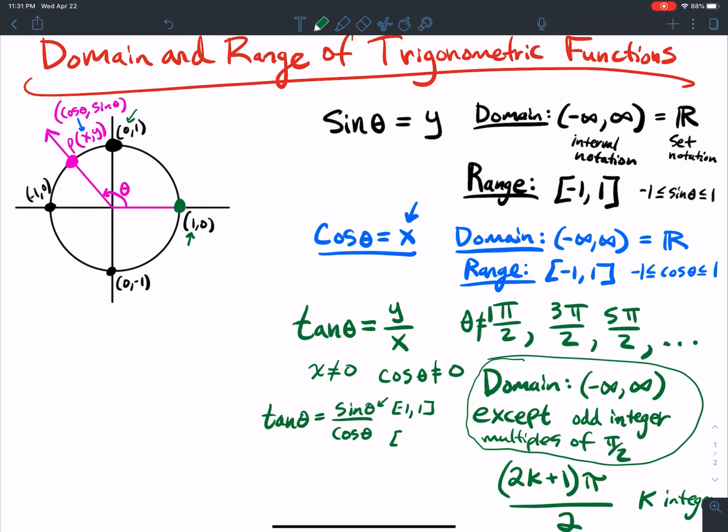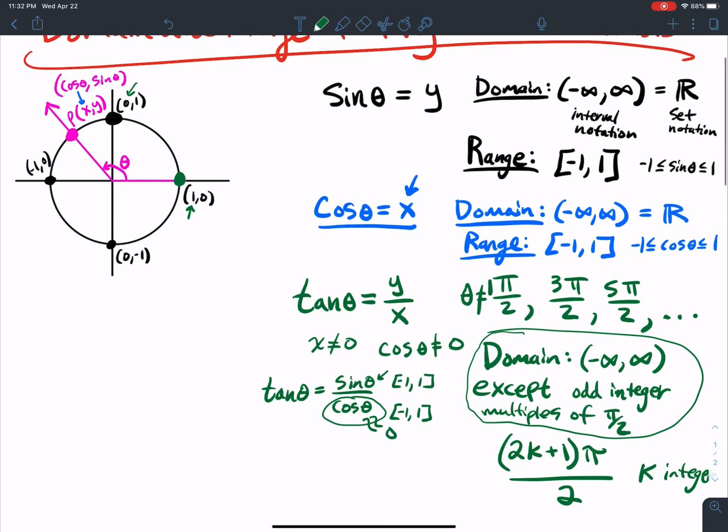Now, the interesting thing about this is that as this cosine value gets really close to 0, if I take a number divided by something that's really close to 0, this is equal to something really big. So what do I mean by that?